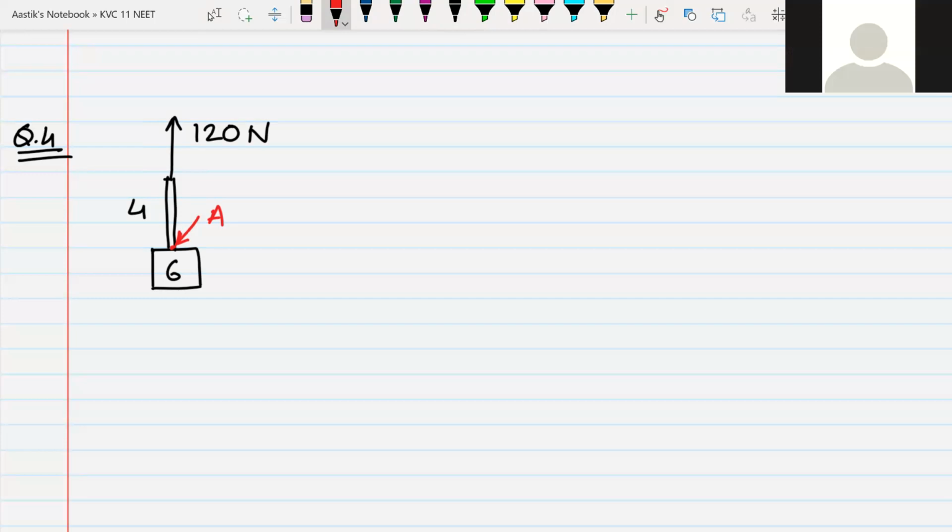Acceleration 12. Everyone got acceleration 12? Is that so? Is the acceleration 12? Everyone got this? Tension is 72 Newton.